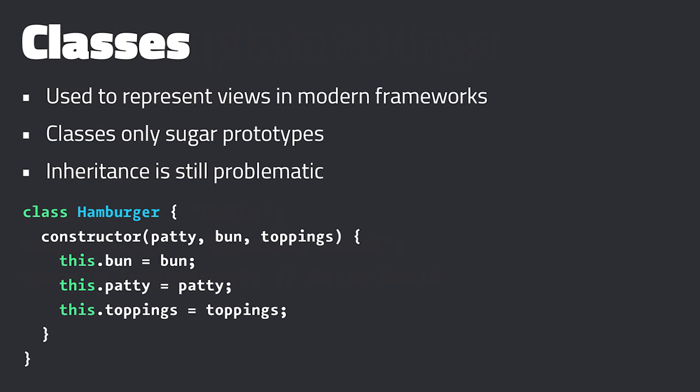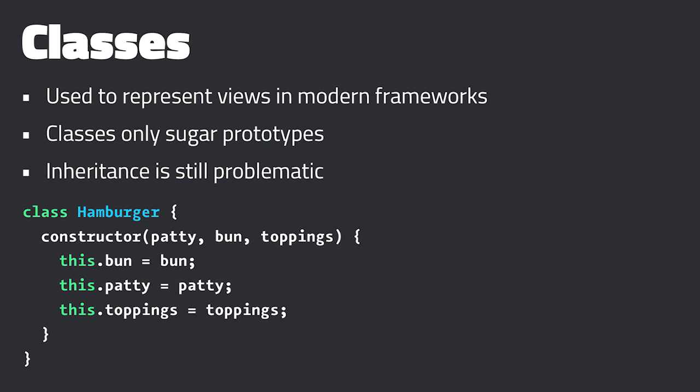Classes, they're a feature that a lot of people wanted. We've seen in modern frameworks, classes tend to be used to represent views. It's really important to remember with ES6 and TypeScript classes that under the hood, it's still prototypical inheritance. You still have all of the same classic JavaScript functionality with respect to this, so you do have to be quite cognizant of that.